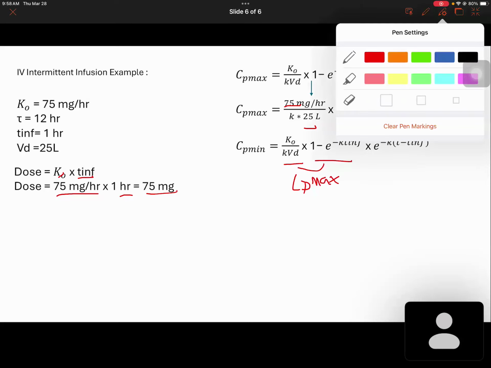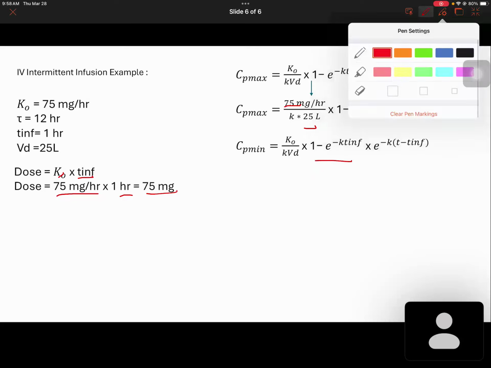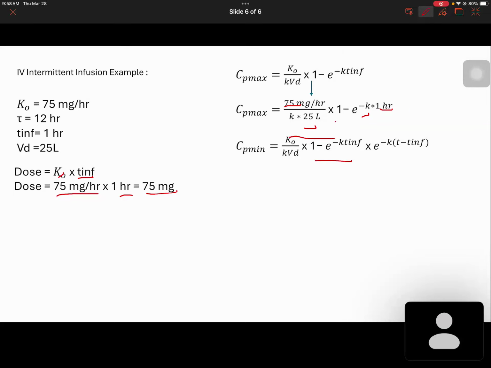Anyways, if we plug in our values, it would be the 75 for K0, 25 for volume of distribution, 1 hour for our T infusion. And then for our E to the negative K T minus T infusion, because it's min, T is tau. So tau is 12 hours minus T infusion of an hour. So that would be our equation to write for our CP min equation.